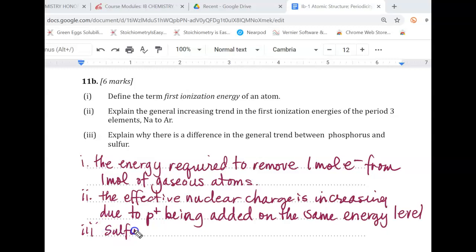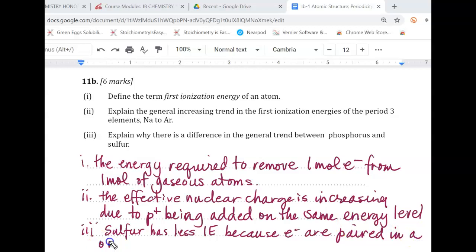Sulfur has less ionization energy because electrons are paired in an orbital, providing more electron repulsions. Okay. Next.